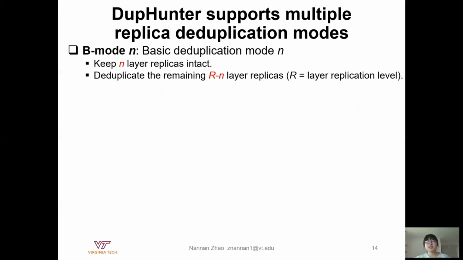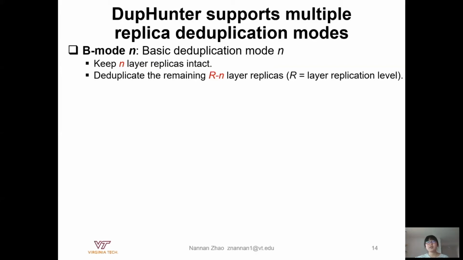DupHunter exploits existing replication approaches to improve performance. It supports two modes: basic deduplication mode, denoted as B mode N, which only keeps N layer replicas intact, and dedupes the rest R-N layer replicas, where R is the layer replication level.